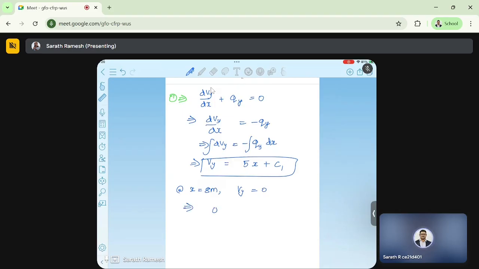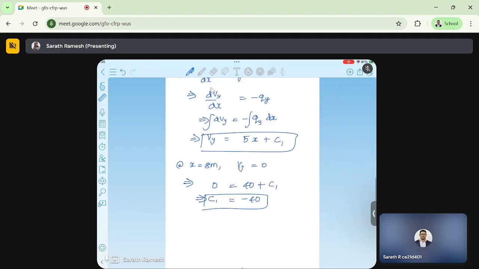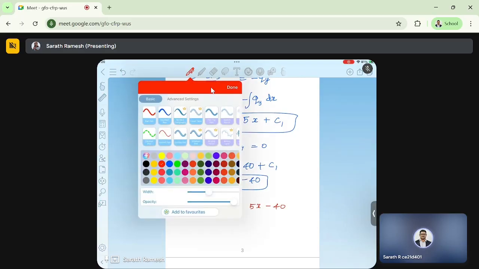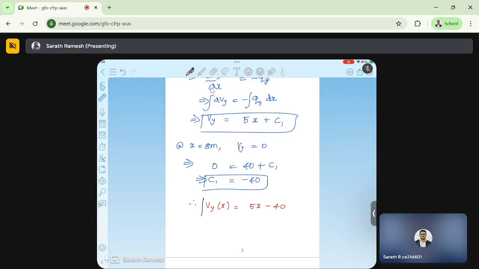So when we substitute this, we get 40 plus C1, so C1 will be minus 40. Therefore, my updated expression for Vy is Vy of x equal to 5x minus 40.